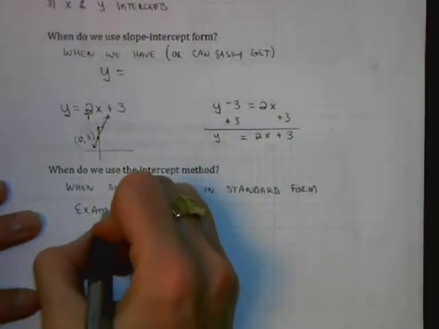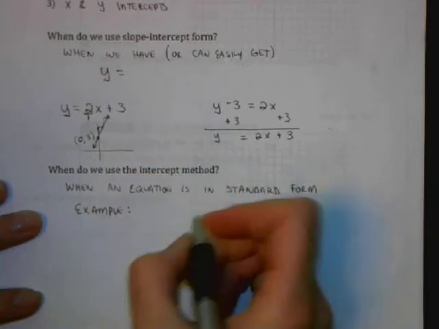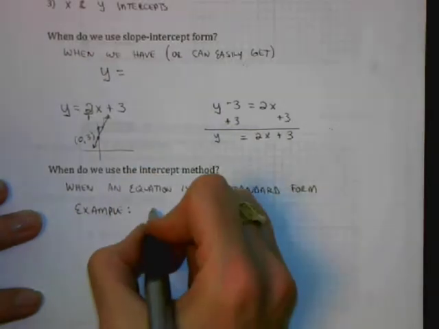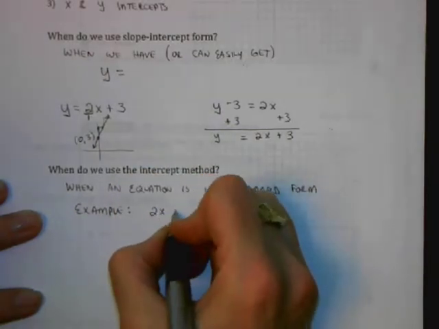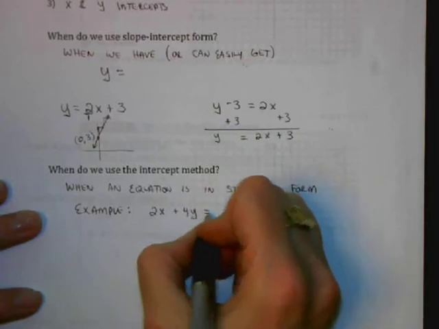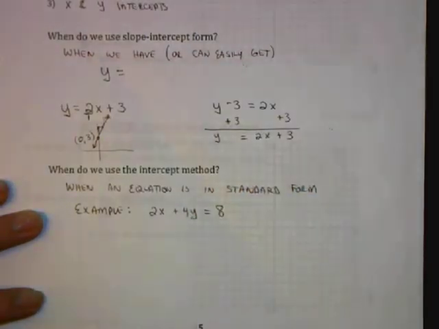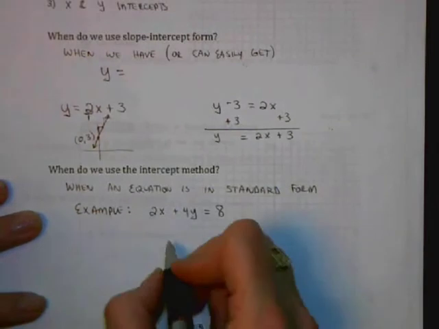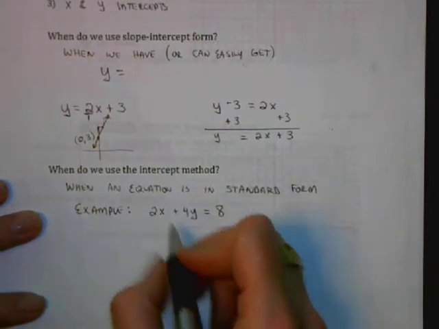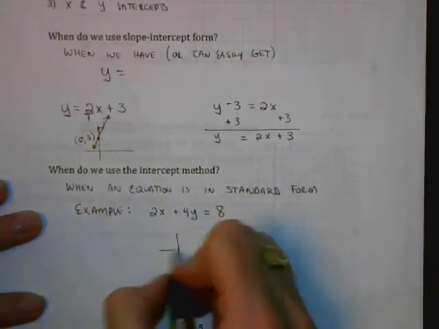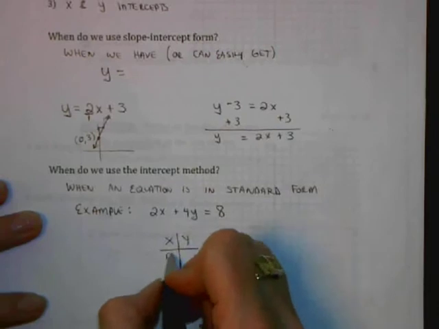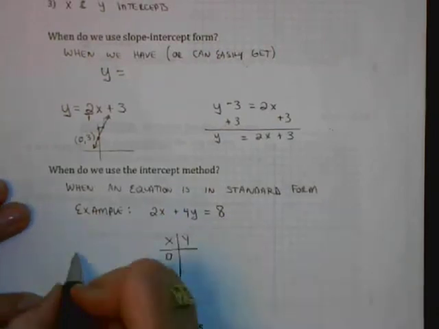For example, if I have the equation 2x plus 4y equals 8. X and y are already on the same side of the equation. So I know that when I plug in a 0 for x, this term is going to drop out.